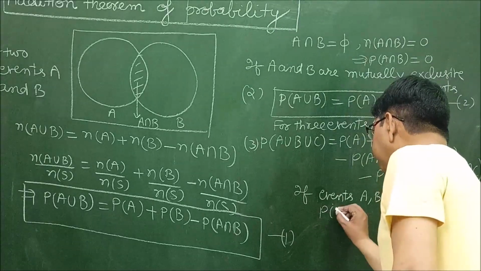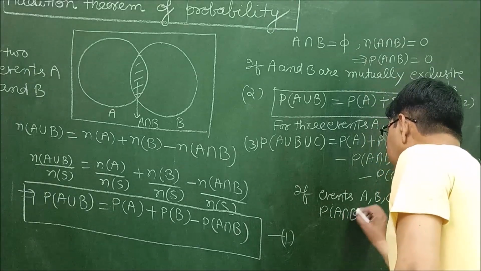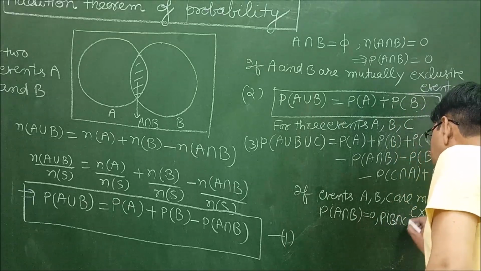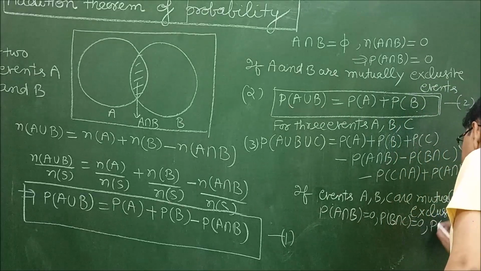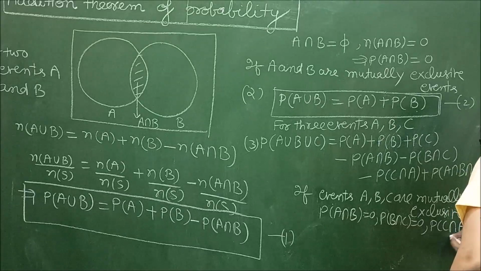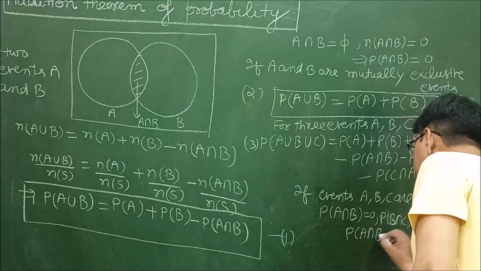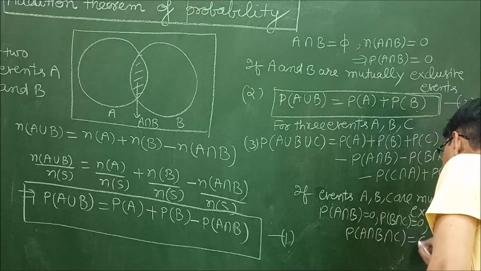That is, probability of A intersection B is 0, probability of B intersection C is 0, probability of C intersection A is 0, and probability of A intersection B intersection C is equal to 0.